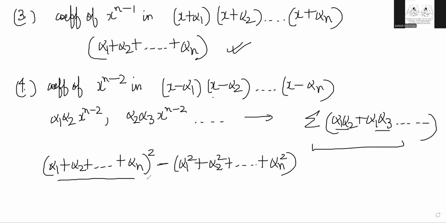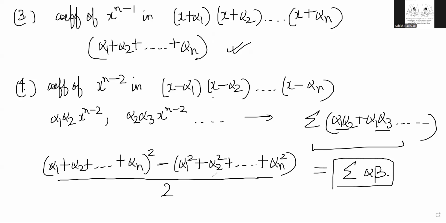That is going to be 2 times the sum of the products of terms taken two at a time, and this divided by 2 is equal to the summation of alpha beta, right? So this is the required coefficient of x power n minus 2 here. Think about it. These terms will appear if you do whole square minus the sum of squares divided by 2, right?